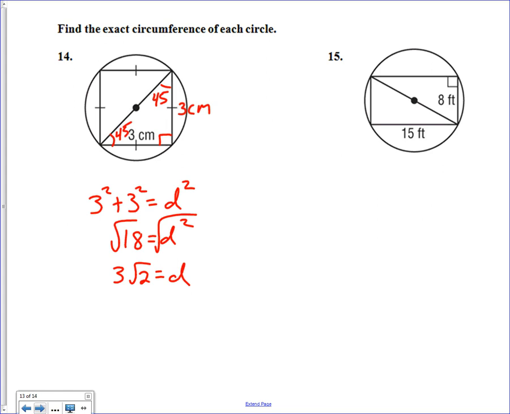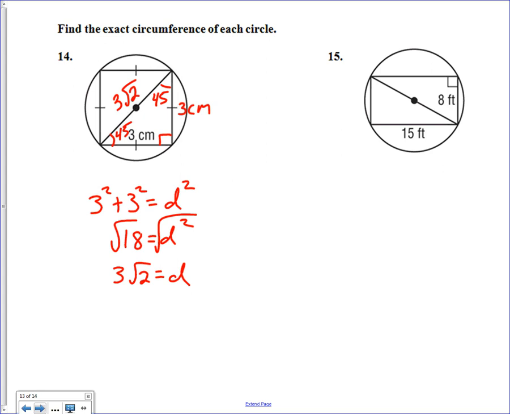And if one of the legs of a 45, 45, 90 is 3, then the hypotenuse must be 3 root 2 by the properties of a 45, 45, 90 triangle that we already know. Good for you. I'm glad you remembered. If you didn't, that's okay. Obviously, I did start with the Pythagorean theorem, which works as well. But you could have also used a 45, 45, 90.